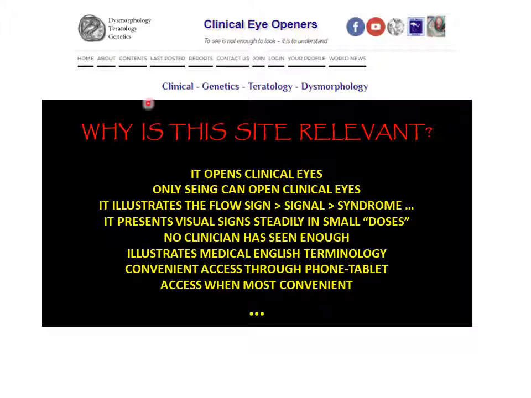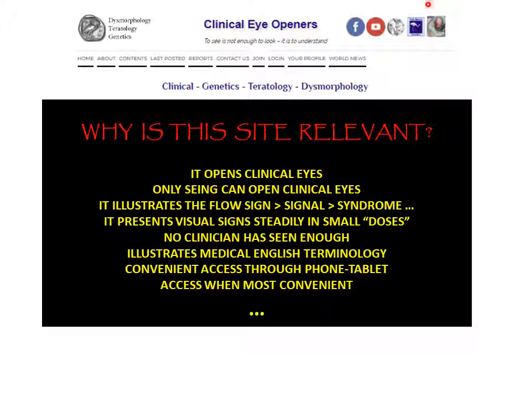So in the final analysis, why we think this site is relevant to you and many like you. It is because its aim is to open clinical eyes. Anyone interested in human disorders has to use their eyes to see if there are clues, if there are signs that may be signals of what went wrong.